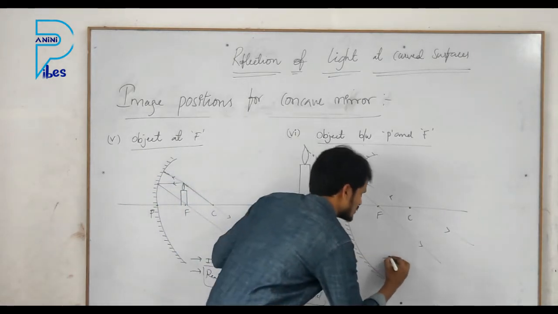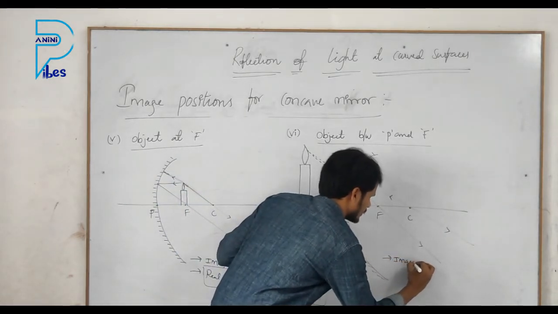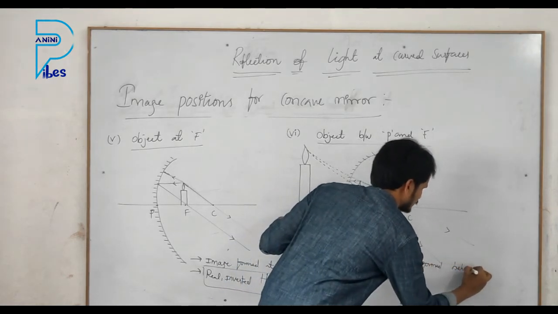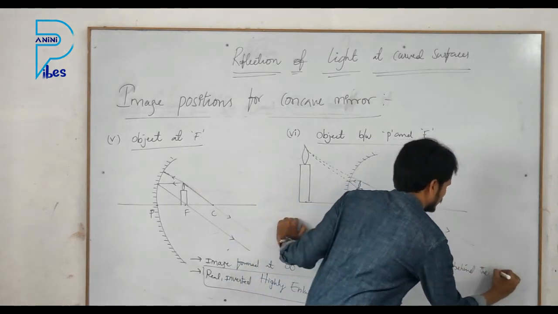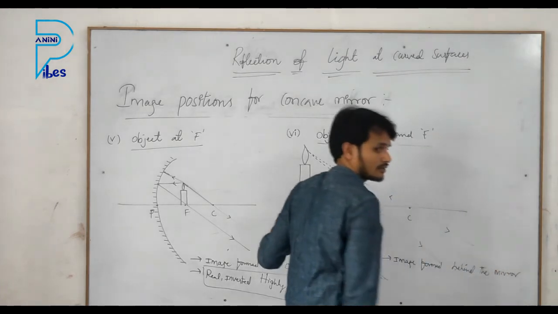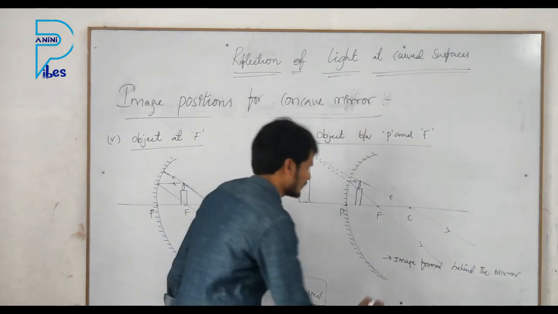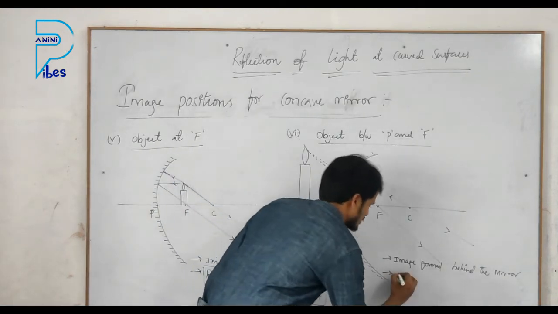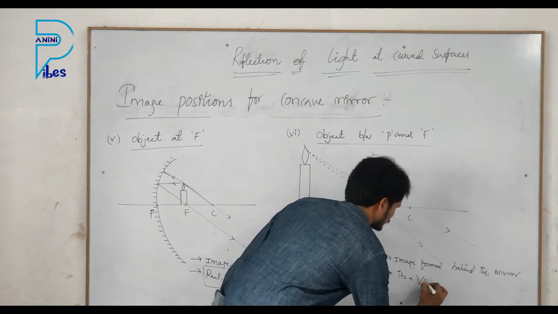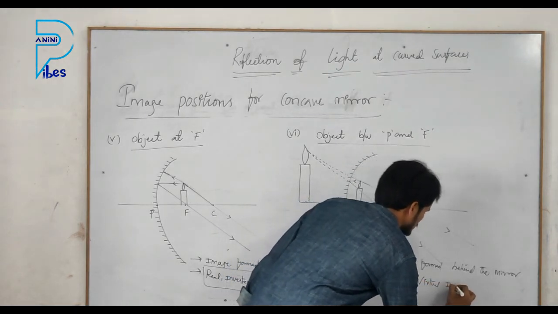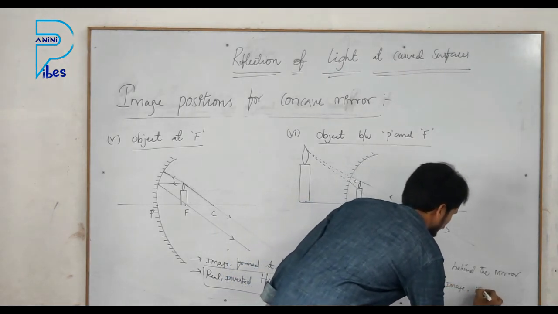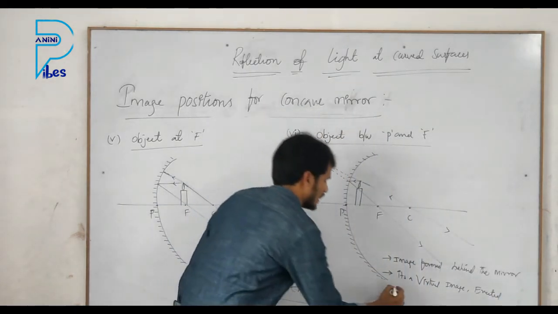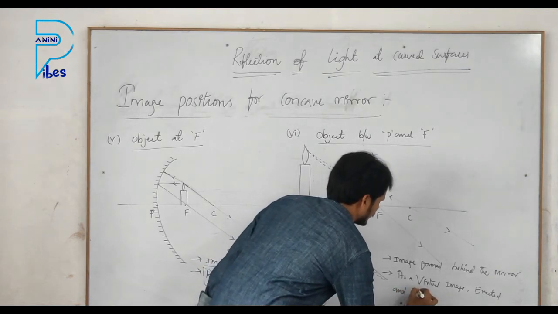Let's write image formed behind the mirror. Characteristics: this is a virtual image, erect, and a magnified image.